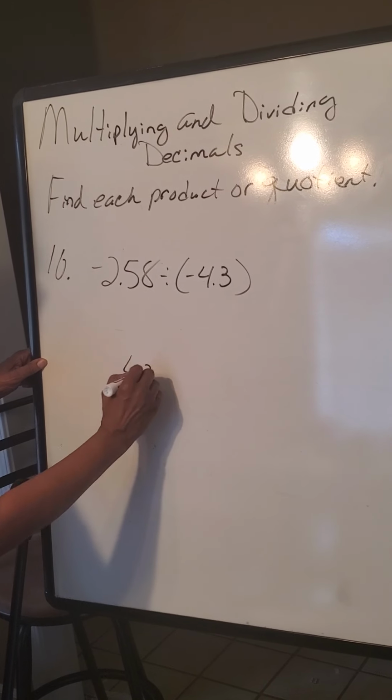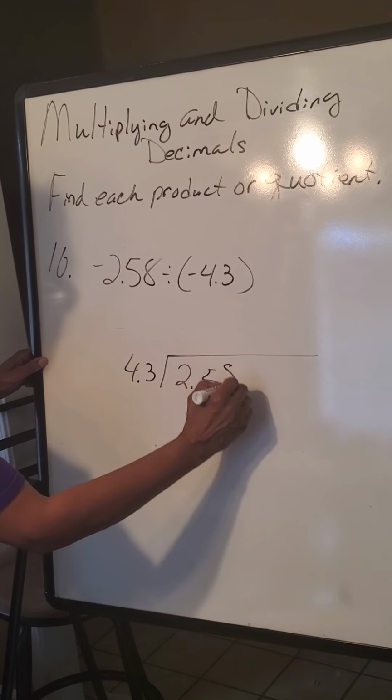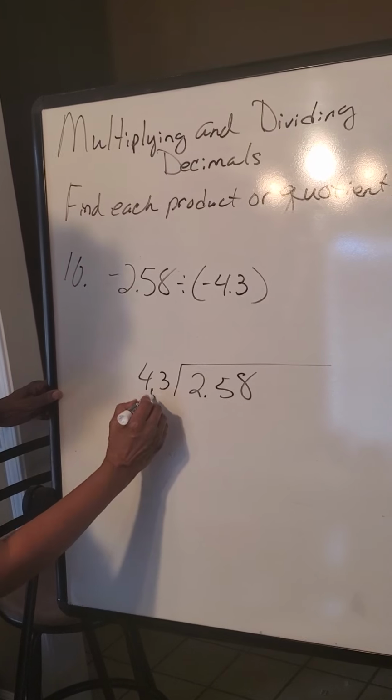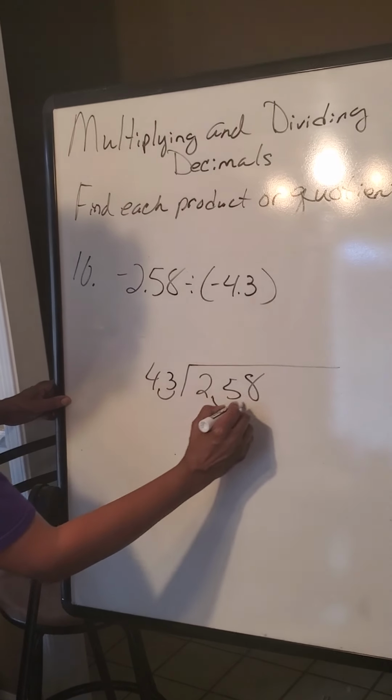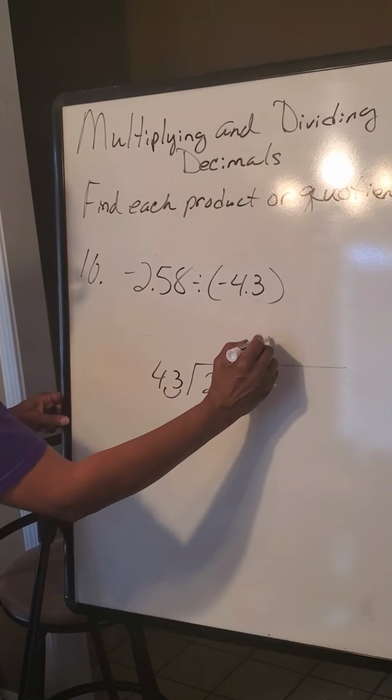So the 4 3/10 is my divisor. The 2.58 is my dividend. I'm going to shift one place to the right, shift one place to the right, bring the decimal up. This is going to go 6 times.